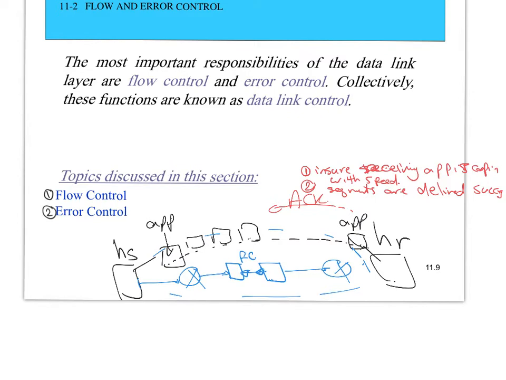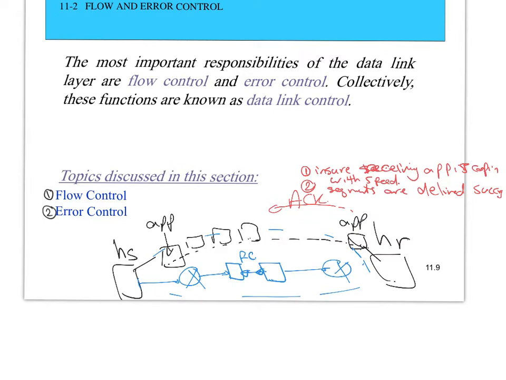What does the sender do to perform flow control and congestion control? What does it have to control? The speed of transmission.